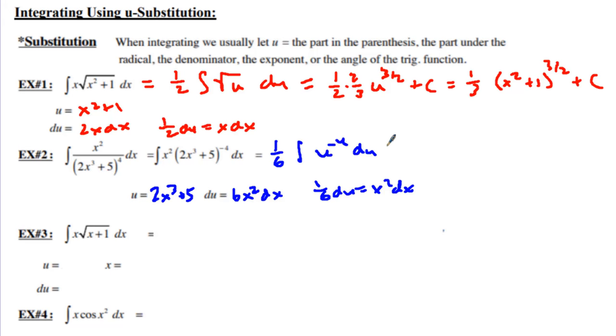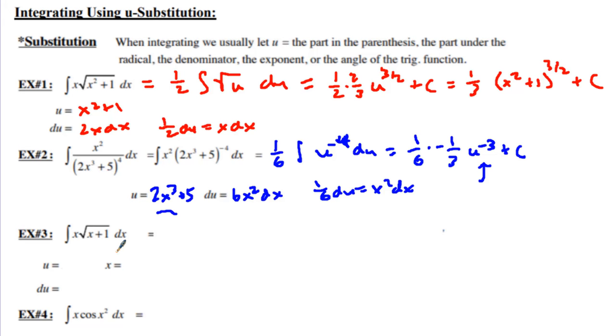We have our u to the -4 power. That -4 goes up to become a -3 value, so we have 1/6 times -1/3 u to the -3 plus c, and then we're plugging back in our u value for that.